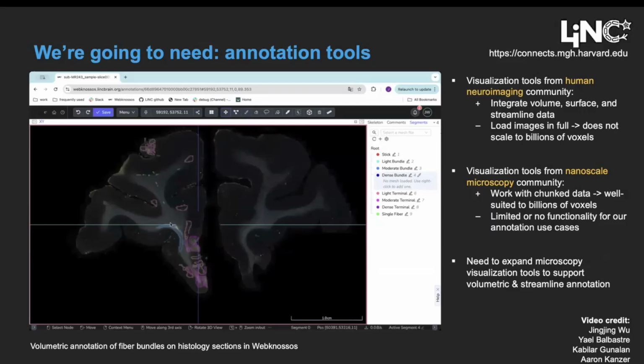And so clearly we need to expand some of these tools to be able to support annotation of all of these kinds of data sets, both volumetric and streamline, and to be able to read all these new formats that hopefully will be developed to store these data in the coming years.